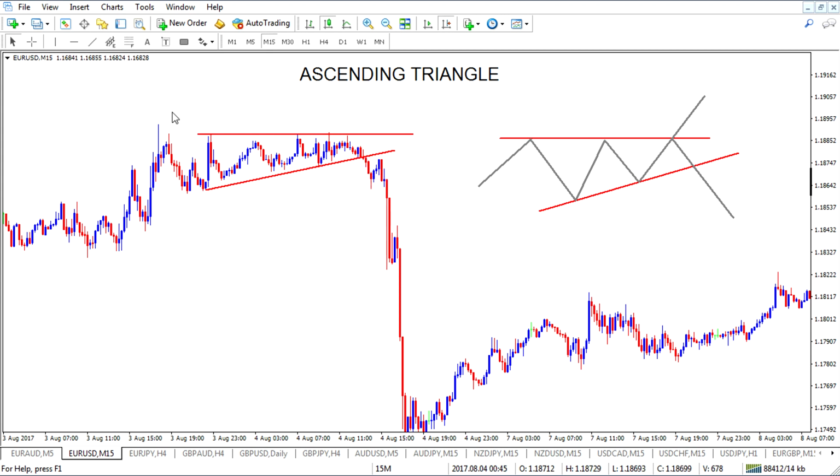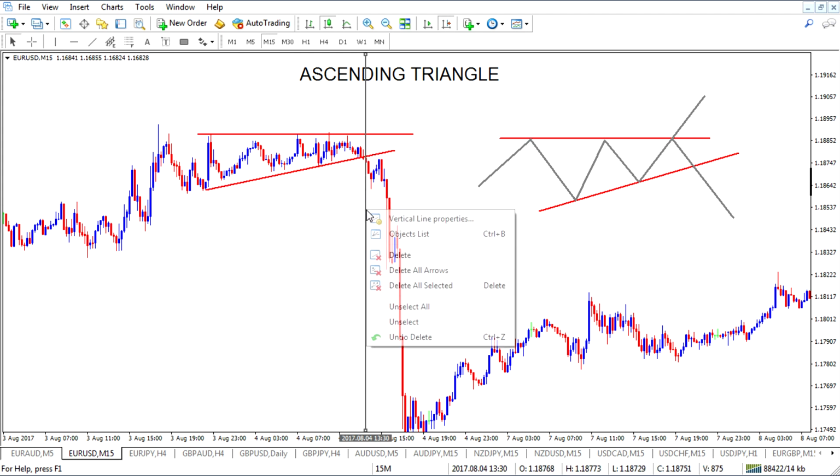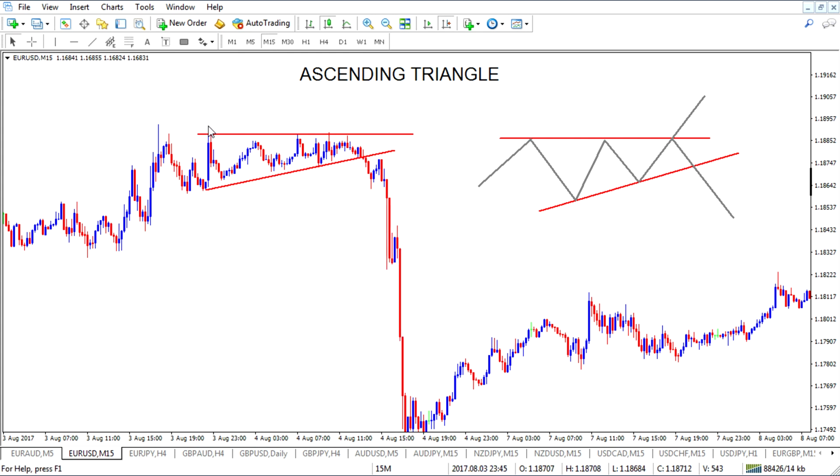So in this case, we get a breakout to the bottom side of this area of support, this angled trend line. Now, the way this is traded is we are targeting the same distance as the widest part of the formation. So we've got the widest part of the formation here.